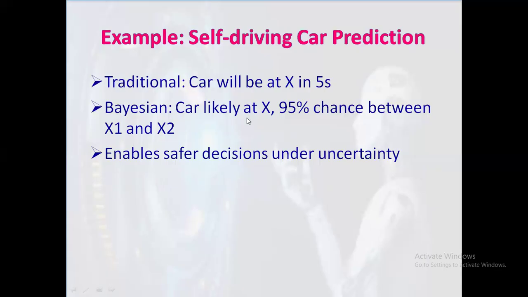A Bayesian model, on the other hand, would not only predict the most likely position but also a range, for example with 95% confidence, where the car is likely to be. This probabilistic prediction enables the autonomous system to plan safer paths, slow down if the uncertainty is higher, and trigger fallback strategies, ensuring safety and reliability.